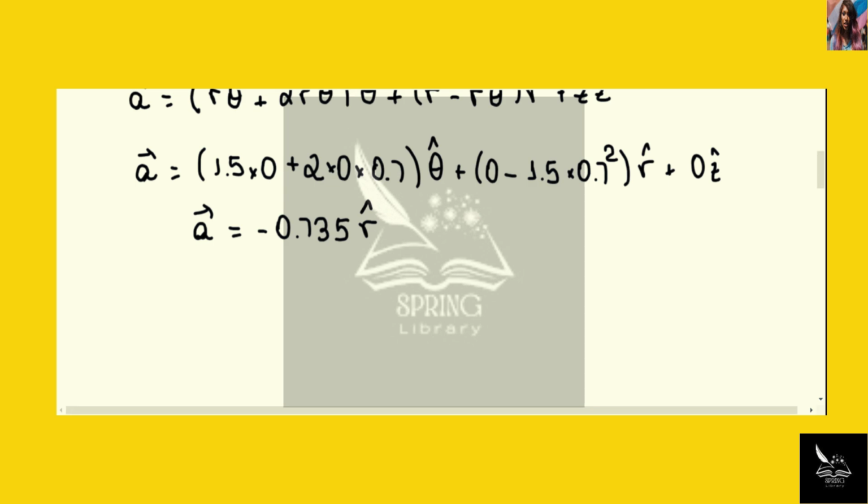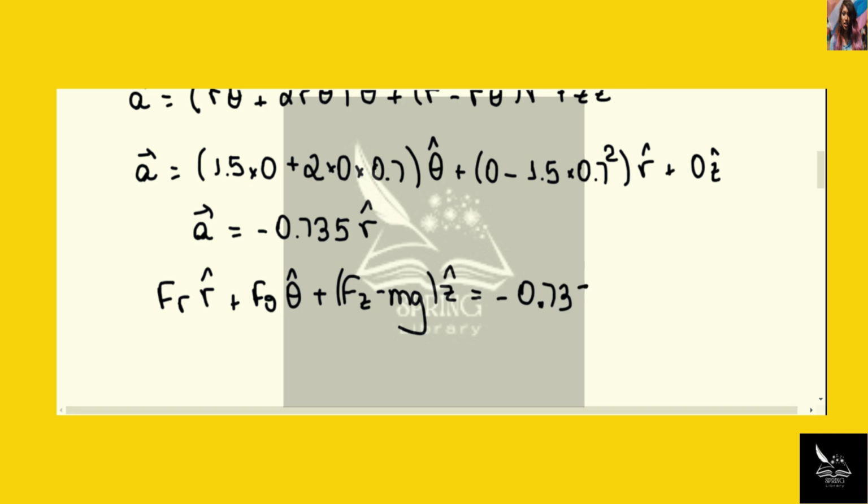Okay, so this means that Fr r hat plus F theta theta hat plus Fz minus mg z hat is equal to minus 0.735 r hat. This is the acceleration, and we have to multiply it by the mass, which is 40 kilograms.